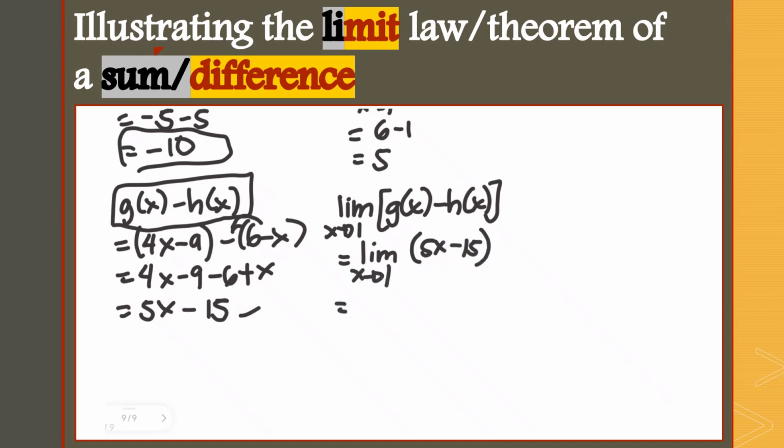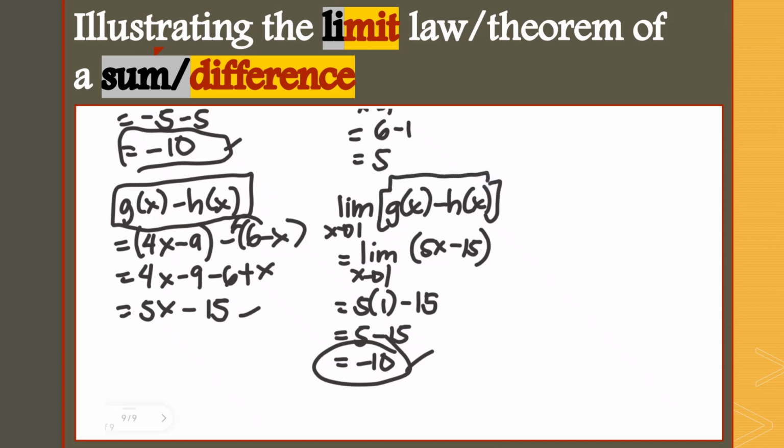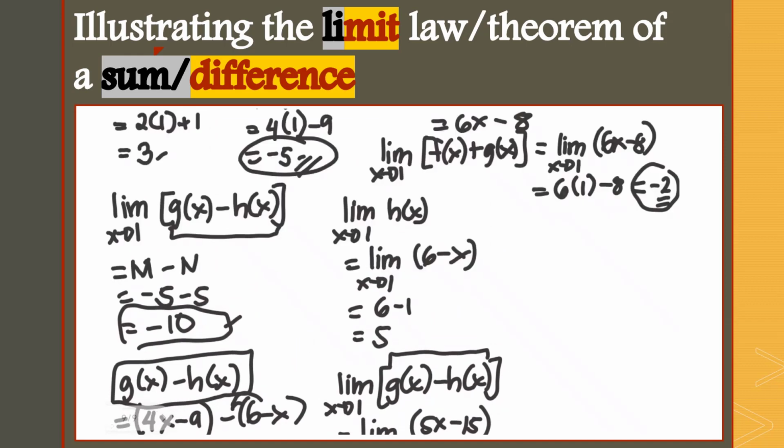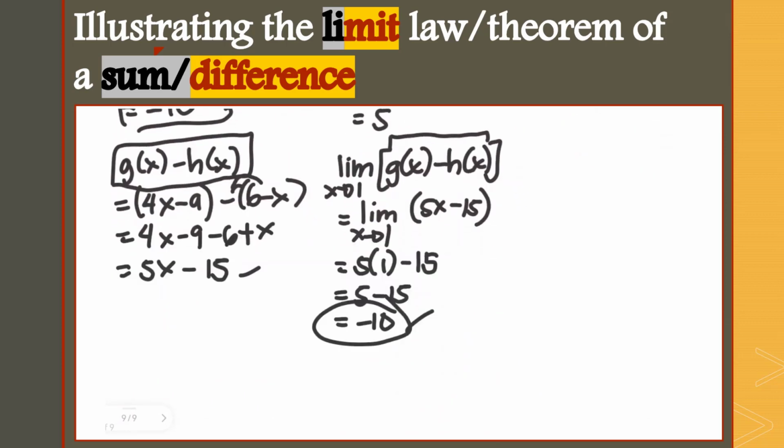By substitution, 5 times 1 minus 15. Okay, this would be 5 minus 15, we'll have negative 10. As you can see, we have the same result as here and here. This is using the expression out from their difference, but this already is using the equivalent limits as already solved. Okay, so just like that, we have the same result.